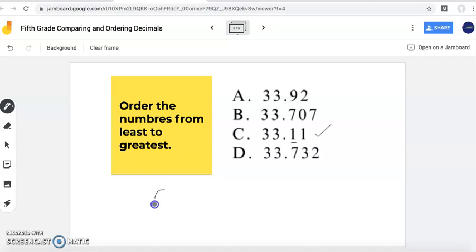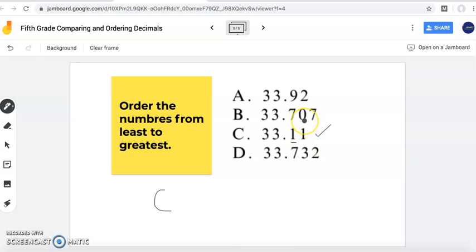So I'm going to write C here because that is the smallest number. Now I'm going to go to the next smallest. So again, I see we have 7, 7, and we have 9. But 9 is definitely got to be the biggest. But now I need to determine is B or D, which one would come next. So I'm going to now look in my hundredths place. And I see that I have a 0 and I have a 3.